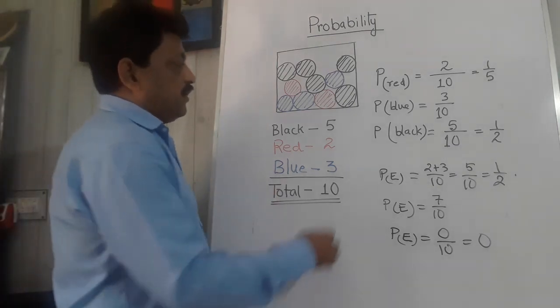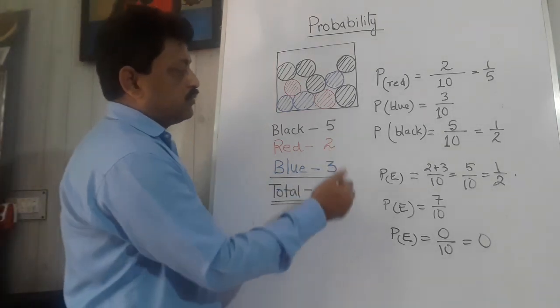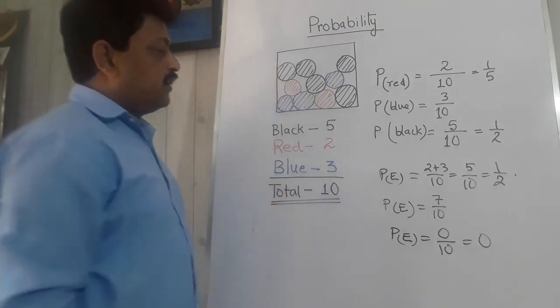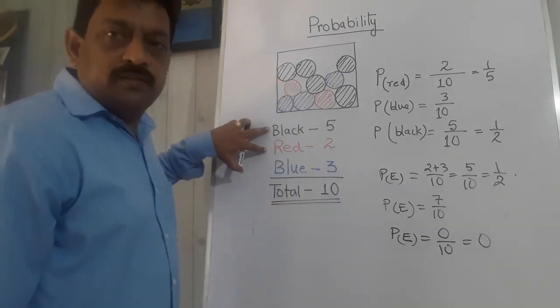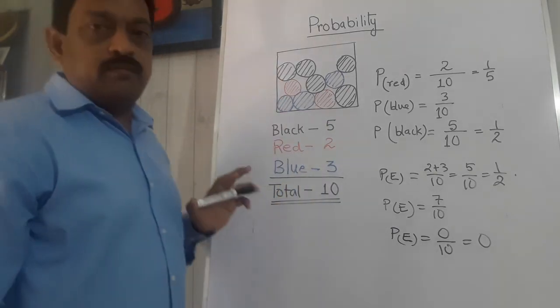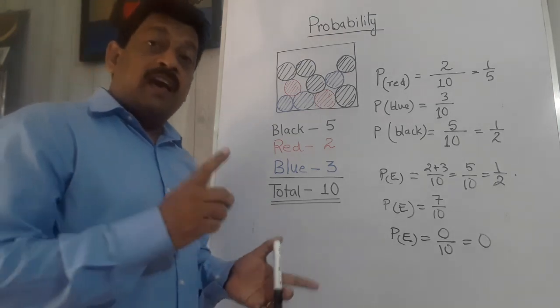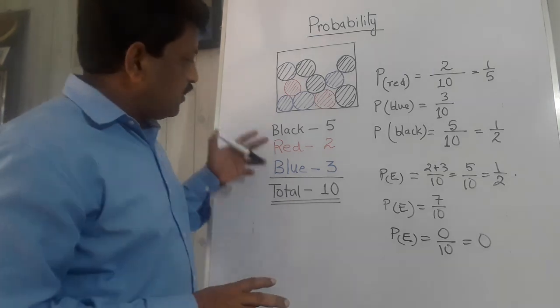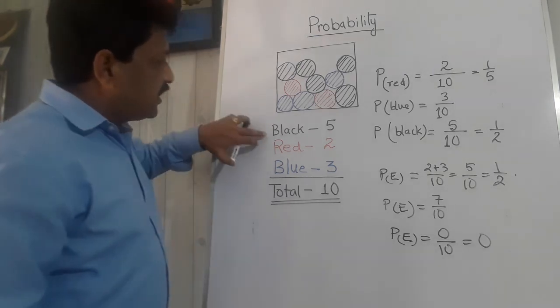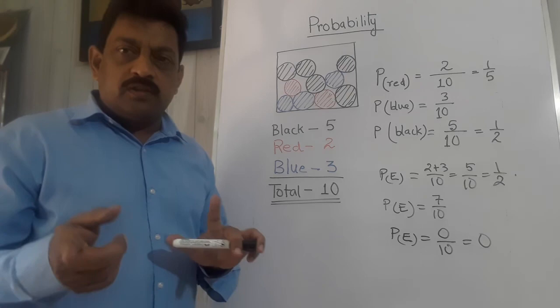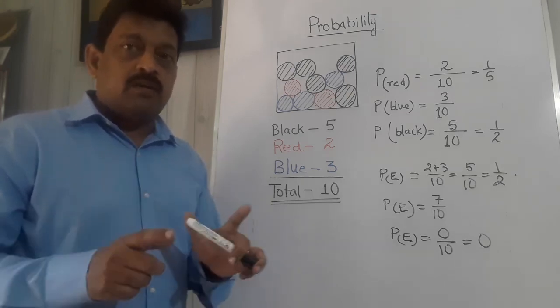When the question is black or white, then only we can consider both the cases. 5 black and 2 red, black or white, we can take any one. But if the question is black and red, then we can neither take black nor take red, because the question is black and red, both colors.